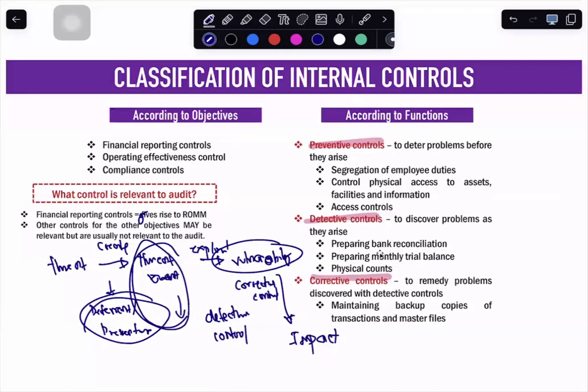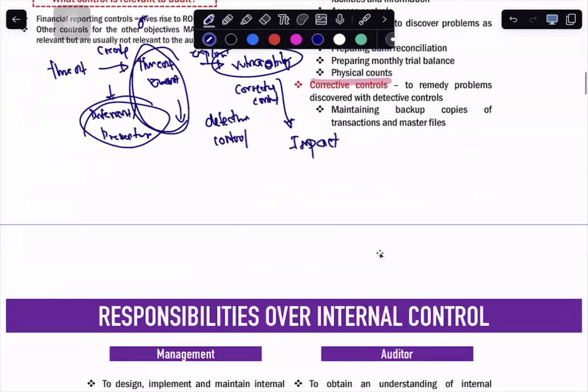When the threat creates a threat event, your preventive control should deter that. But if the threat event happens, then the detective control should detect that. And once the threat event exploits the vulnerability, then the corrective control should correct that, so as to at least minimize the impact.